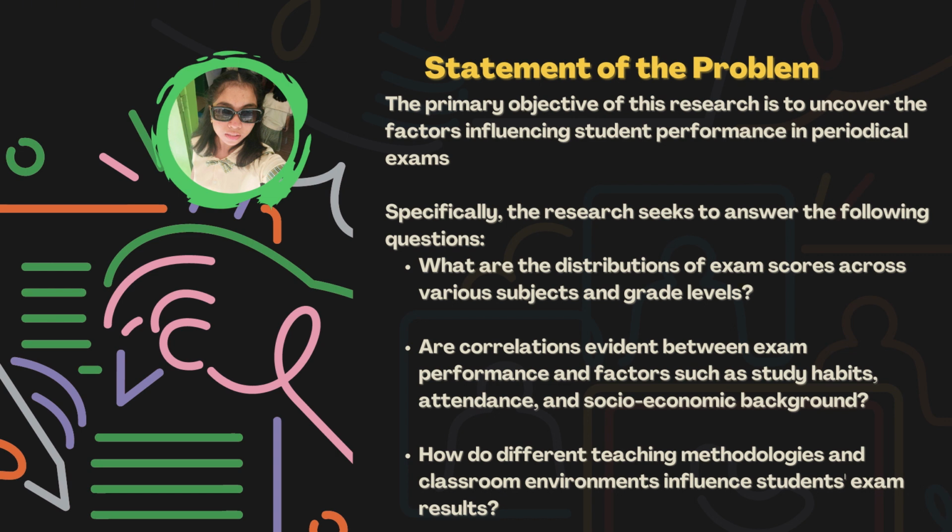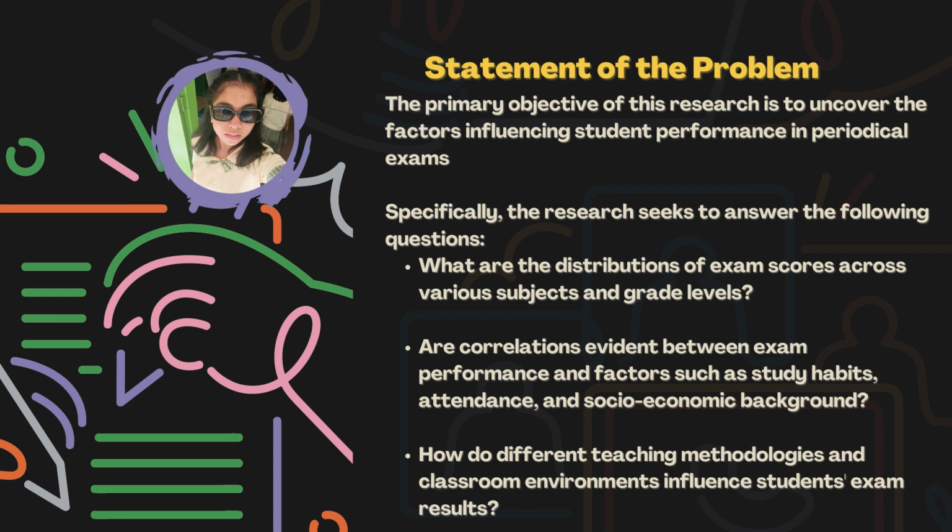the following questions. What is the distribution of exam scores across various subjects and grade levels? Are correlations evident between exam performance and factors such as study habits, attendance, and socio-economic background? How do different teaching methodologies and classroom environments influence students' exam results?